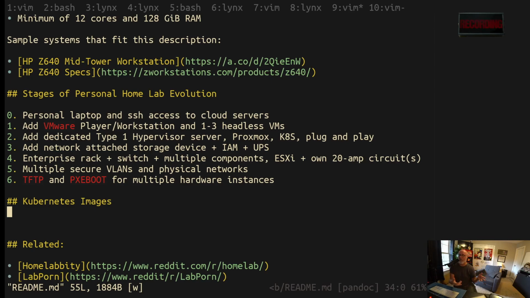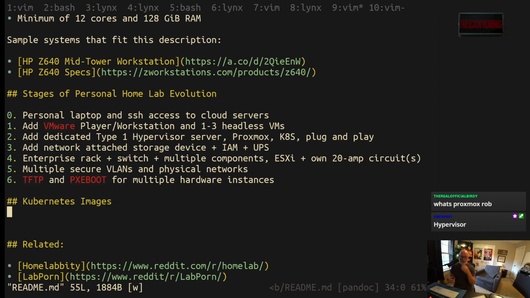Maybe consider switching to ESXi vSphere because there are more jobs for that, because enterprises deploy vSphere more than they do Proxmox at the moment. But then we'll have experience with both. Stage 5: multiple secure VLANs. Basically at that point your garage is becoming an IT shop. And then stage 6: setting up PXE boot, TFTP, and booting all your hardware off of the network, which is what most computer labs do in school and stuff like that.